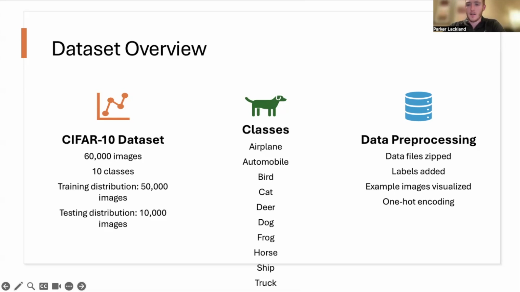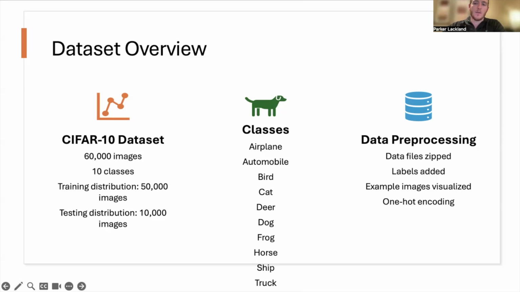But with some accuracy, you would be able to classify these, especially some of the ones that would be easier for humans. The data pre-processing was mostly given to us, but the code that was given to us showed that the data files were zipped together.